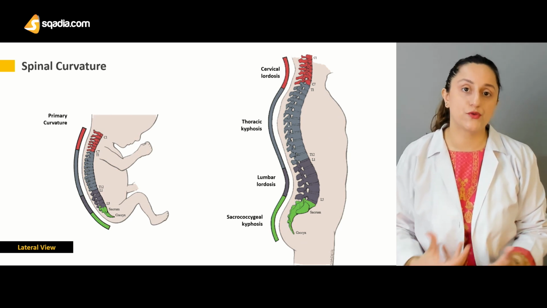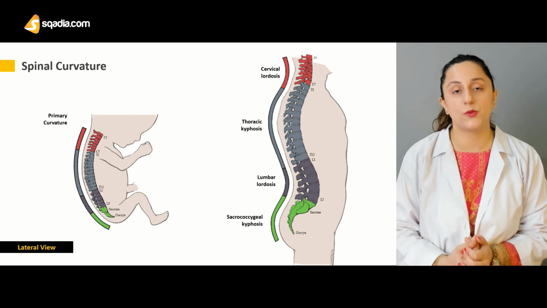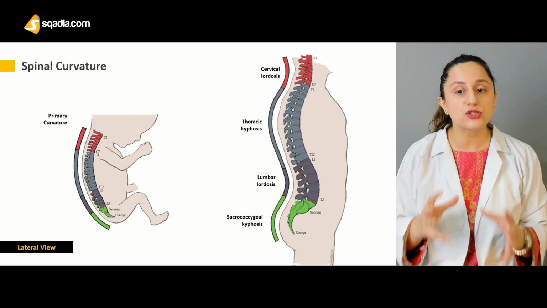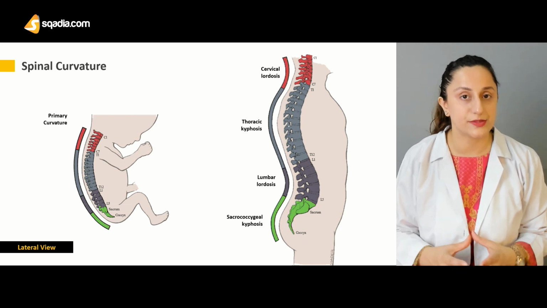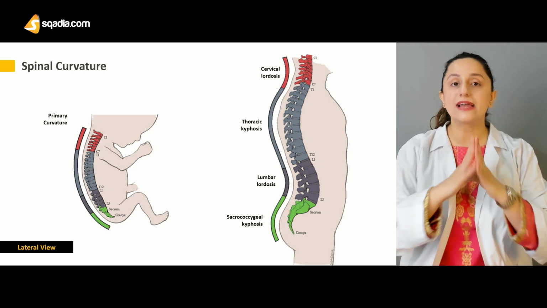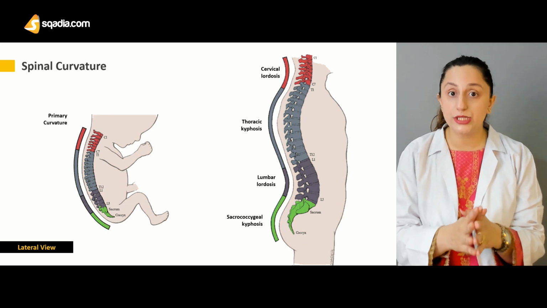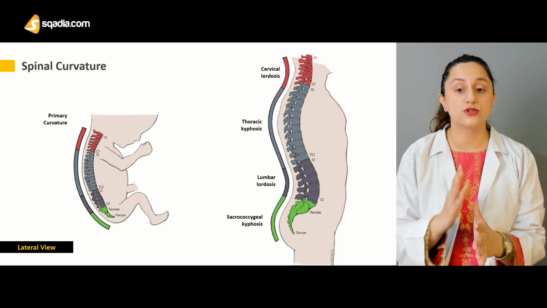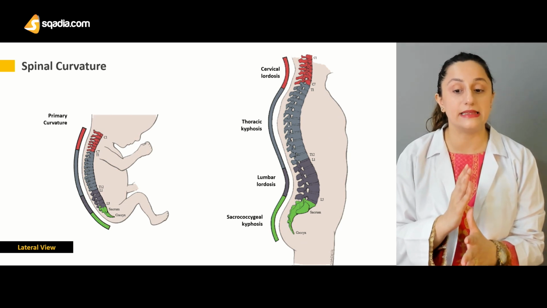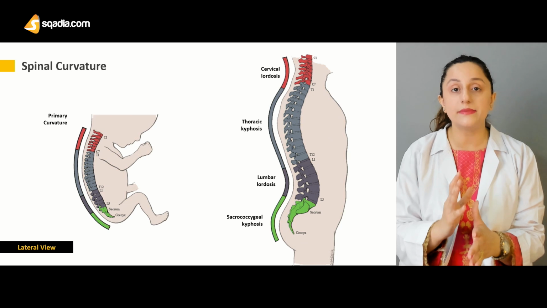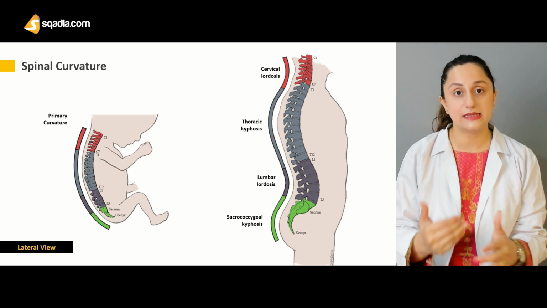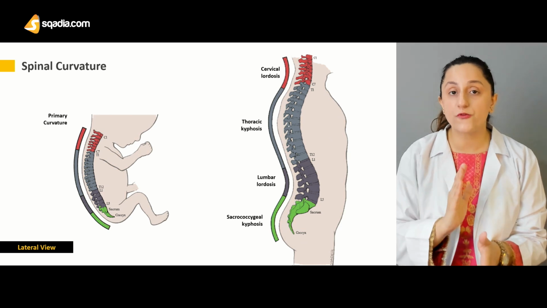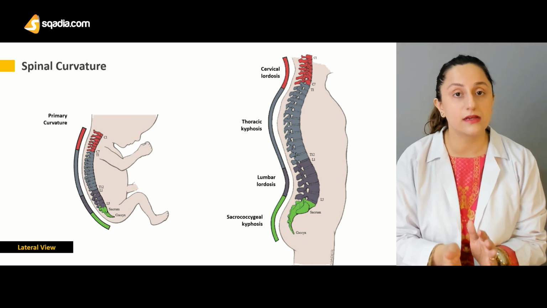In a lot of road traffic accidents, RTAs, whenever there are accelerating or decelerating injuries, these normal curvatures can be disturbed. Whenever we take lateral views, they usually show that the cervical lordosis is not aligned, and there is not proper alignment seen in the lumbar lordosis. Specifically in decelerating injuries, there is a forward movement of the cervical lordosis.